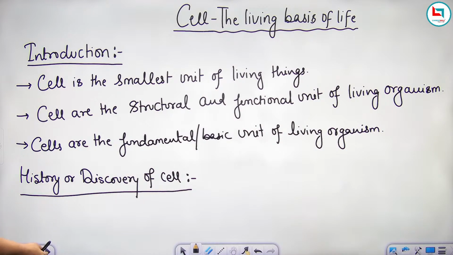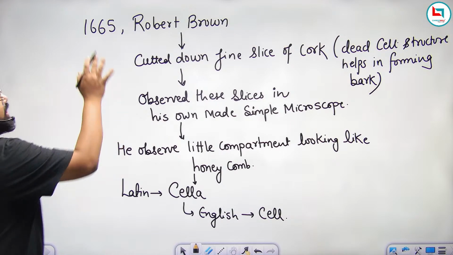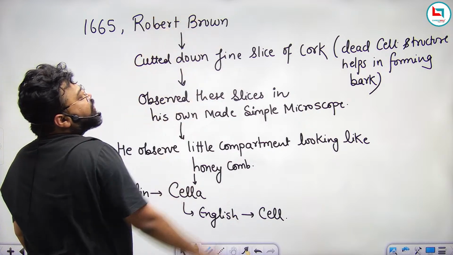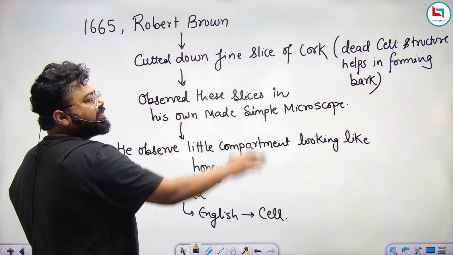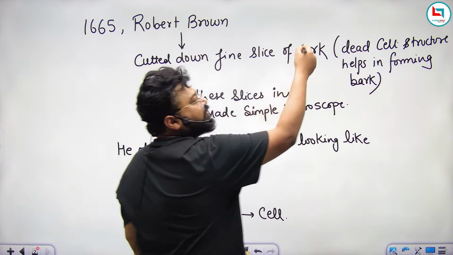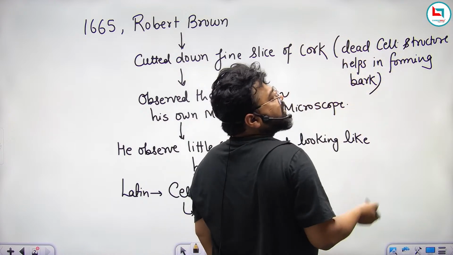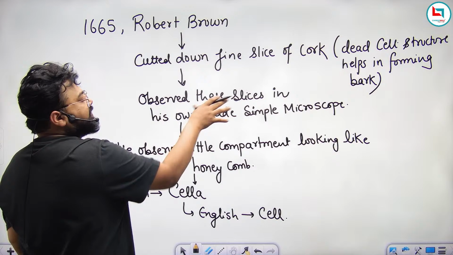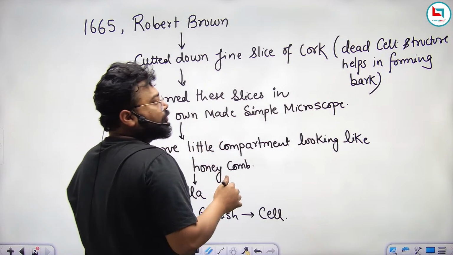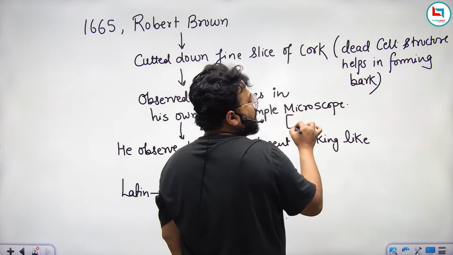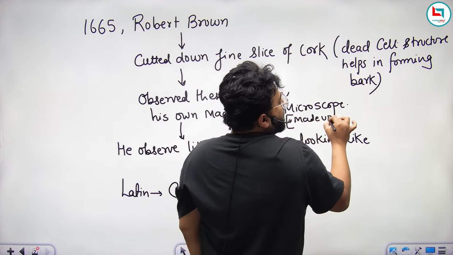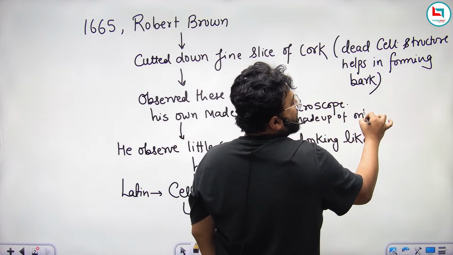If we talk about the history or discovery of the cell, in the year 1665, a scientist named Robert Brown cut a fine slice of cork, and these corks are basically dead cell structures which help in forming the bark of a tree. He observed these slices in his own made simple microscope. What is a simple microscope? A microscope made up of only one type of lens.